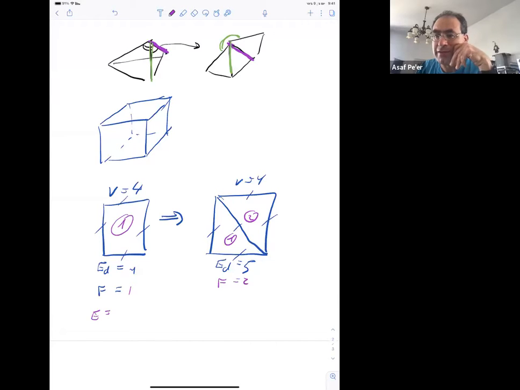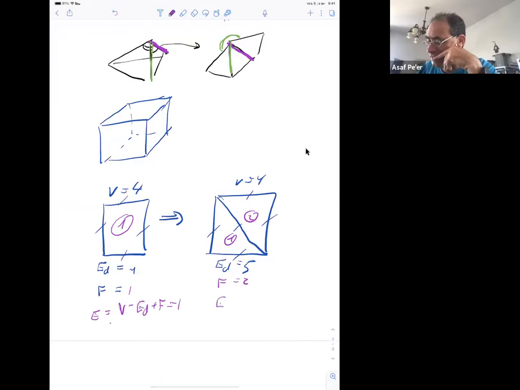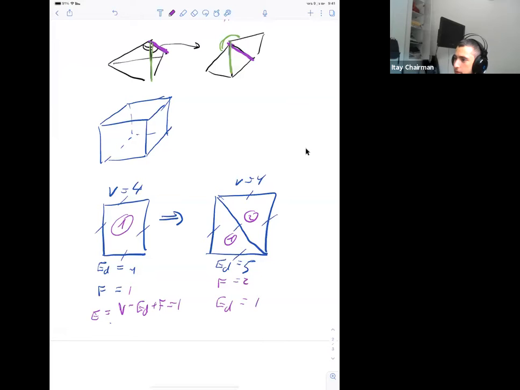You solve it yourself, guys. What's the Euler characteristic here? What's the definition of the Euler characteristic? V minus E plus F. Yeah. So it's 1. And here? 1. 1 as well, right?